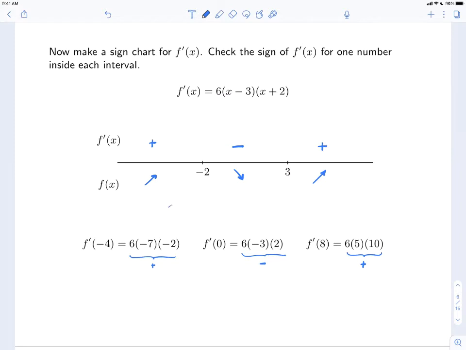So we have a shape that looks like this. And then we're decreasing until we get to 3, and then we start increasing. So that means we have a shape that looks like that. So that tells us that we have a local maximum at x equals -2, and we have a local minimum at x equals 3.